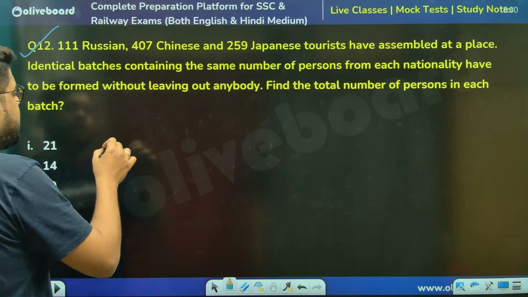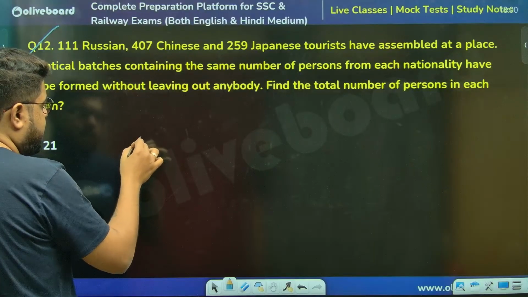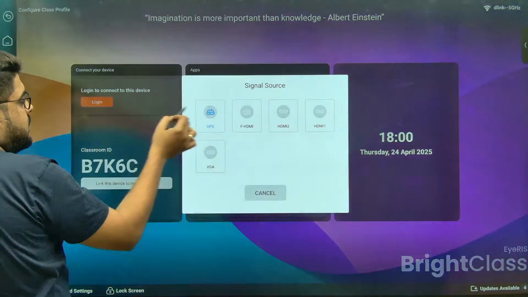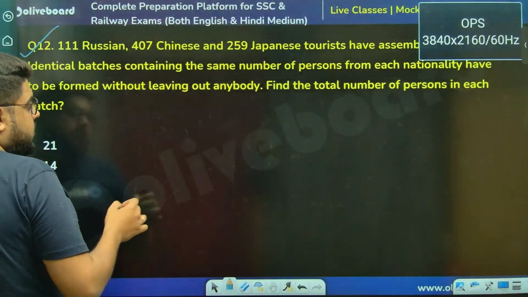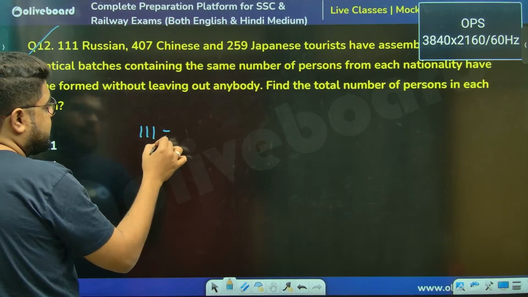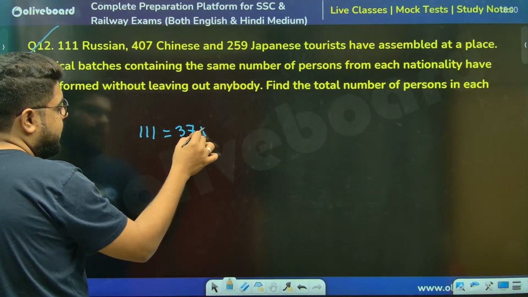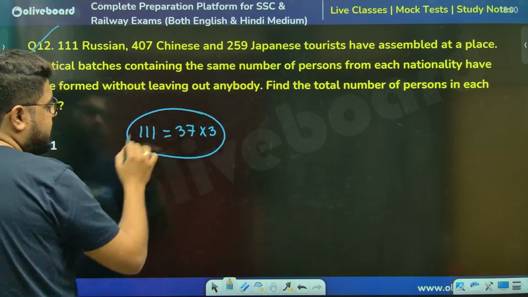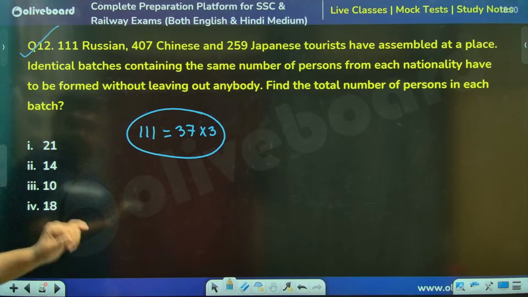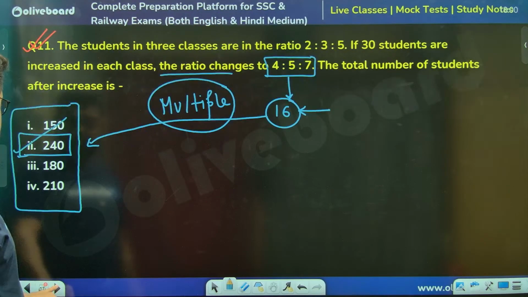Because 111, 111 ना 37 टाइम्स 3 होता है. 21 तो दिख ही नहीं रहा भाई. ऑप्शंस गलत तो नहीं दे दिया ना.